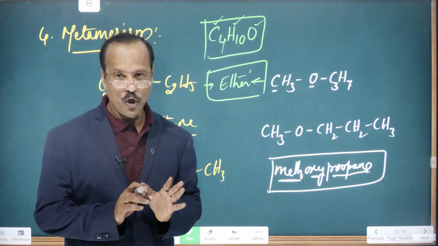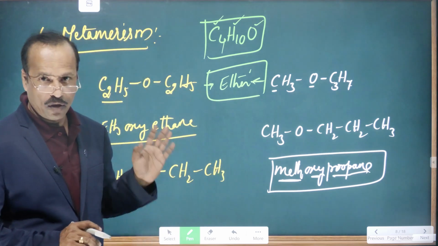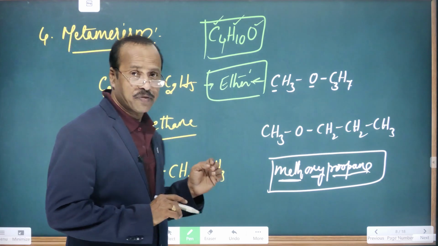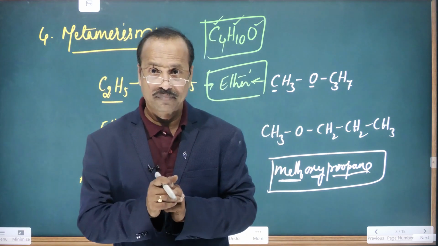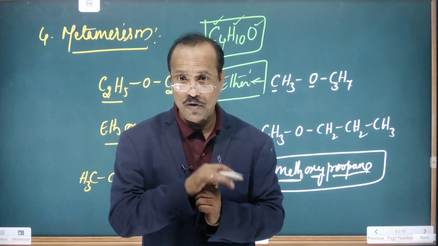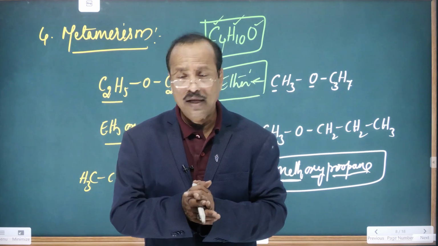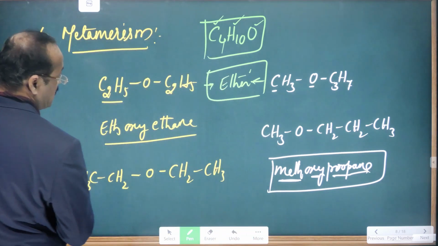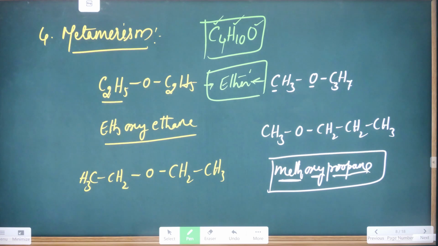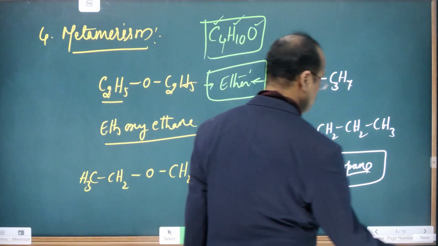If two compounds have the same molecular formula, but different alkyl groups are attached to the same functional group, then that is called metamerism. Clear? So this is about metamerism.